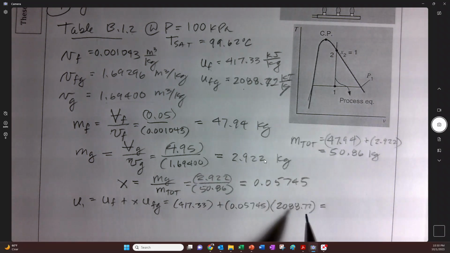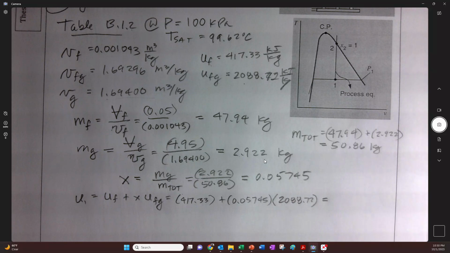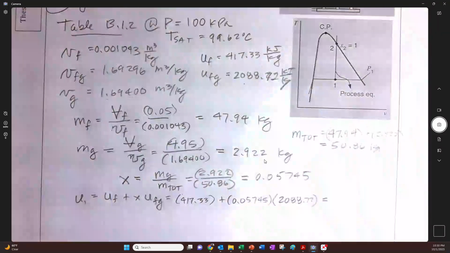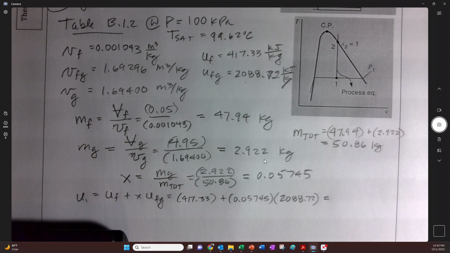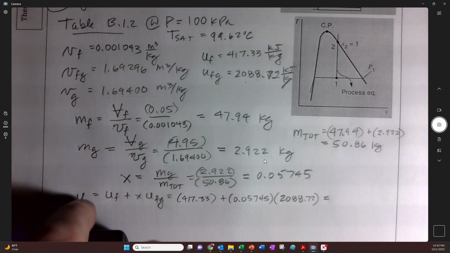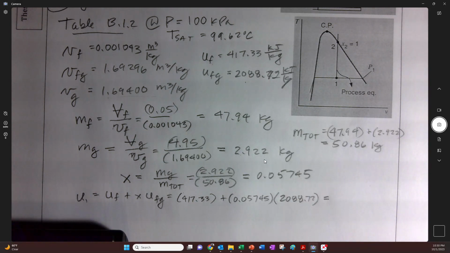actually, I don't need this, and I didn't calculate it, but I'll calculate it now. We kind of want big U. We didn't really need this little u right here, but it is a good idea to check it.